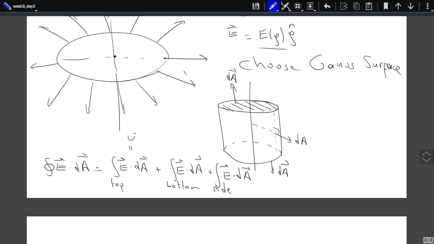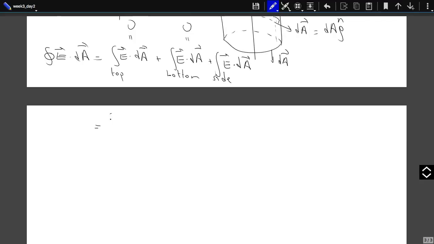So this is 0. This is 0. I also know that on the side at least, this is the magnitude in the rho direction pointing away from my wire. I also know what the expression of the electric field is. If I take the scalar product of this one with this one, I get E of rho times dA from the side.